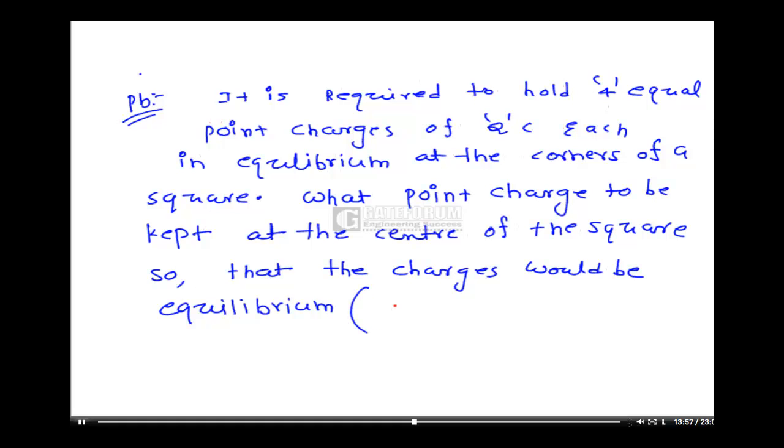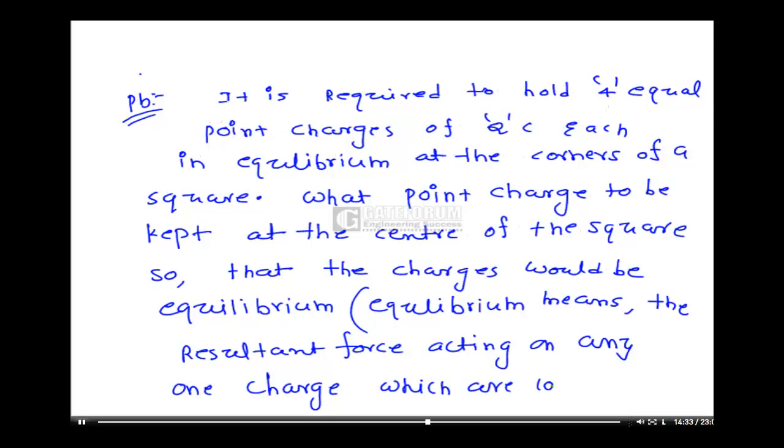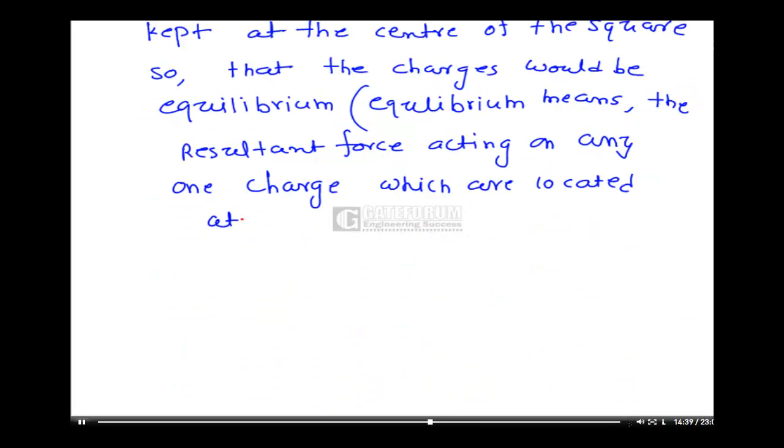In the bracket, equilibrium means the resultant force acting on any one charge which is located at the corners of the square is 0.